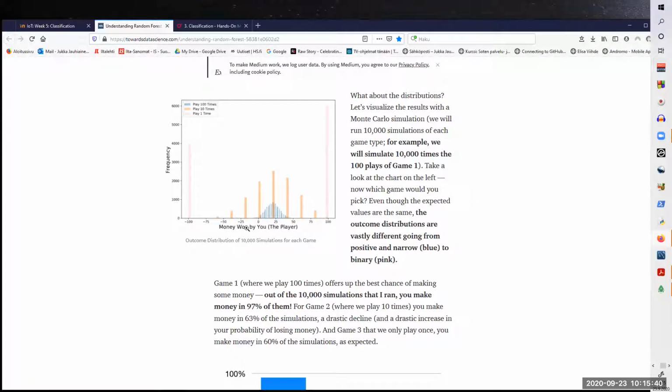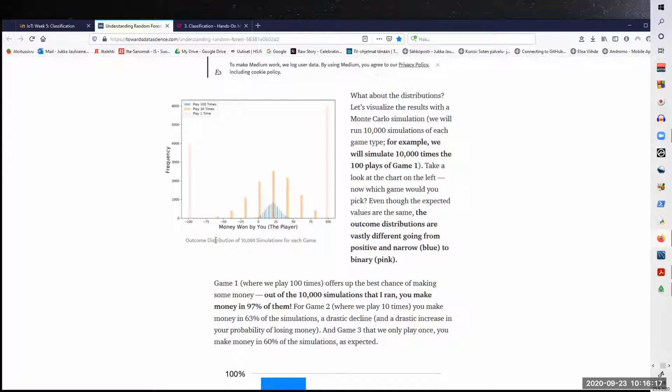It's the law of large numbers, which is well known in statistics: when you repeat the experiment many times, the result will go as a normal distribution, a Gaussian distribution. If you play one time, there are only two possibilities, either you win or lose.